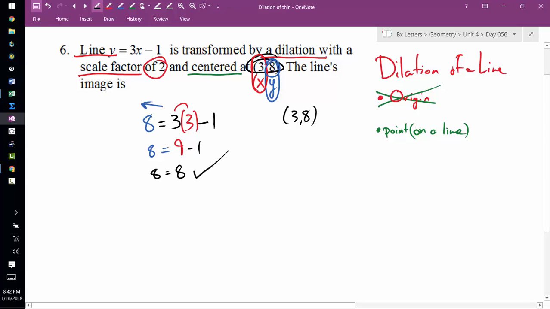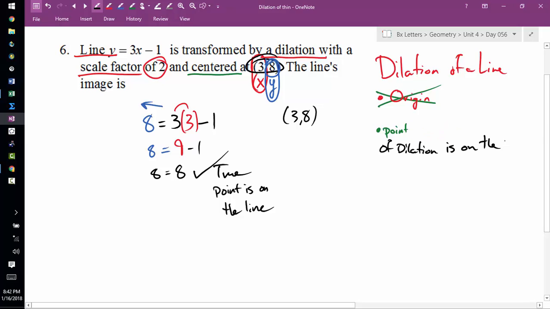So the fact that I get something true, that means that the point belongs to the line, or in other words, it's on the line. And when that happens, when your point of dilation is on the line, nothing happens.